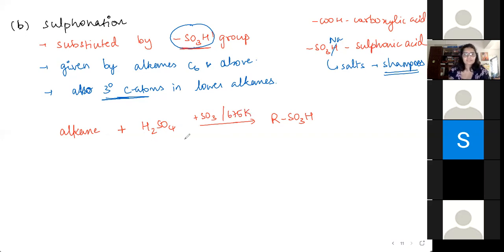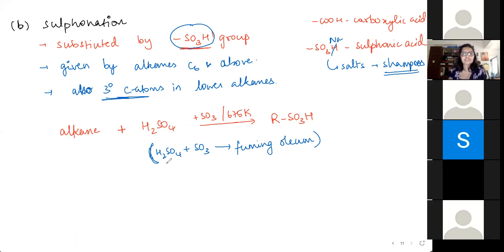This particular mixture, concentrated H2SO4 with a lot of sulfur trioxide, is called fuming oleum. Oleum itself is concentrated sulfuric acid. Because you have fumes of sulfur trioxide coming off of it, it's that concentrated, you also call it fuming oleum.